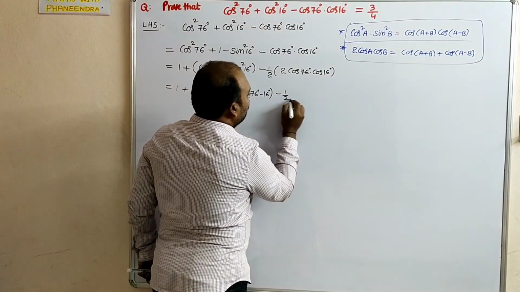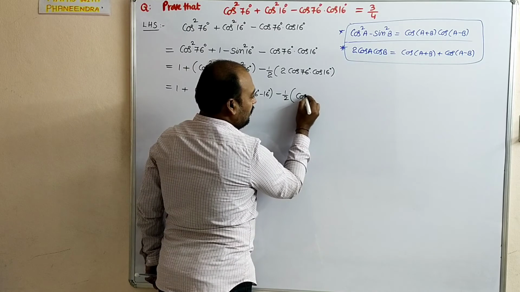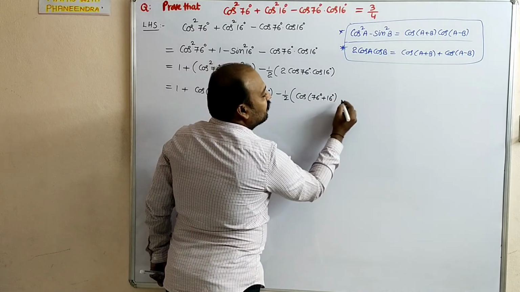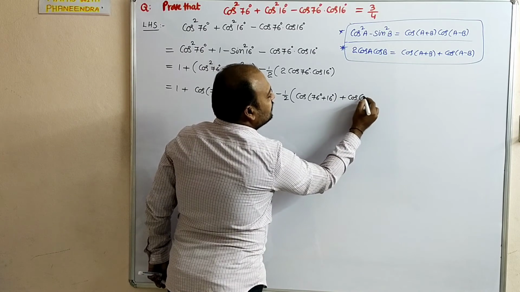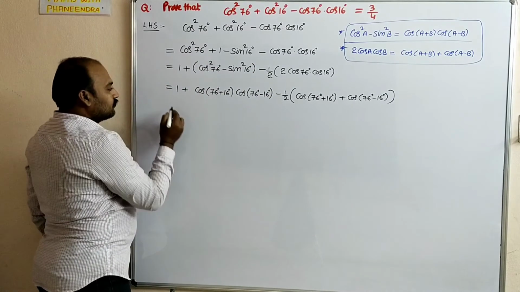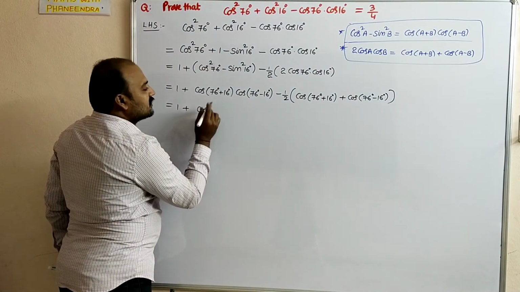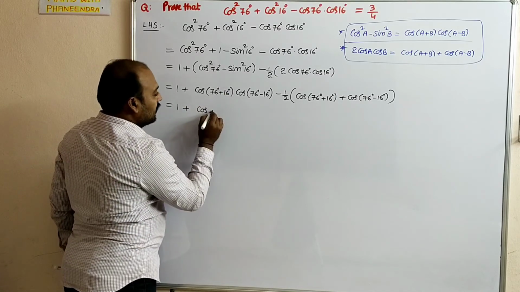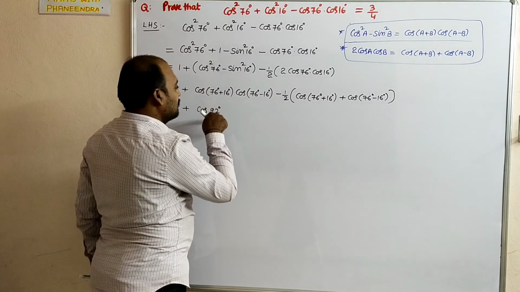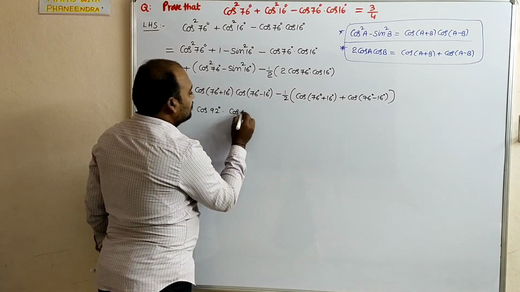Minus 1 by 2 into, keep bracket, 2 cos A cos B, cos of A plus B, cos of 76 plus 16 plus cos of 76 minus 16. 1 plus cos of 76 plus 16, cos 92. 76 minus 16 is 60, cos 60.